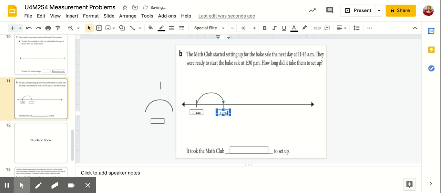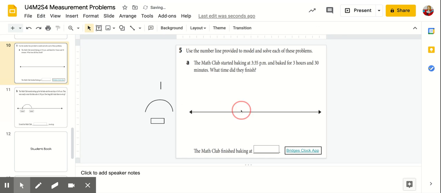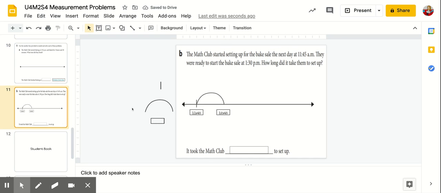So 12:45. And then could you add another hour? 12:45 plus 1. What's the next hour after 12? Right, it's 1. So 1:45, but is that too far?